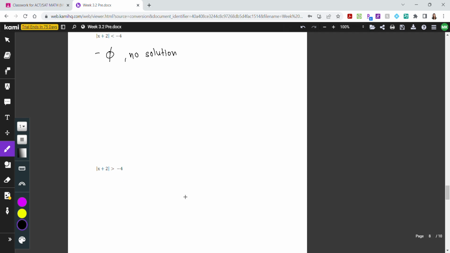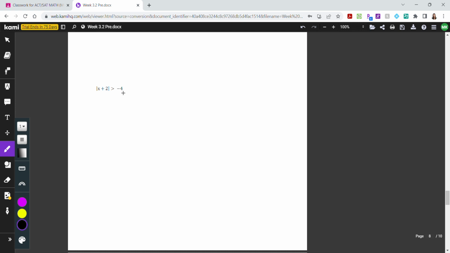Now, on the other hand, I know that all of my values are going to be positive than a negative number, and I know this is always going to be true. And even if it's small, if I put here -2, -2 plus 2 is 0. 0 is going to be bigger than a -4. That's always going to be true, right?